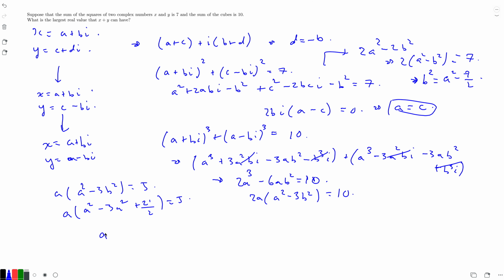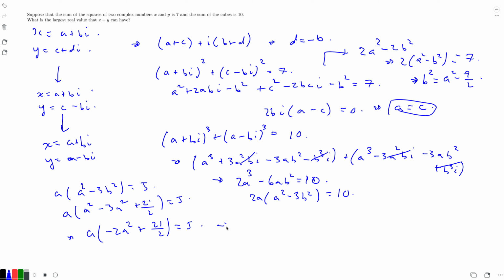Okay, hold on one second. Sorry if I'm showing all the algebra to be thorough. So this becomes a times negative 2a squared plus 21 over 2 is equal to 5. This looks right.